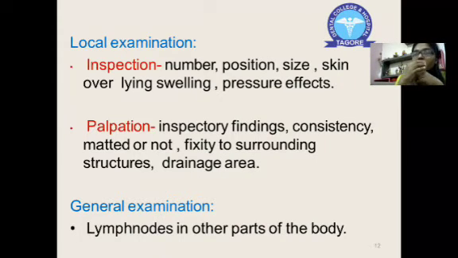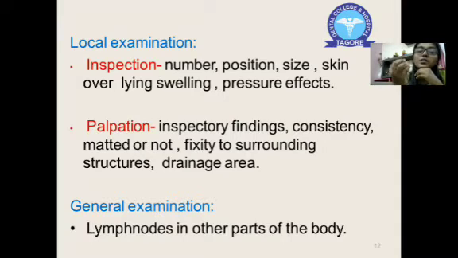So this is all about the history part, and then moving on to the examination of the lymph nodes. It is broadly categorized into two subheadings: inspection and palpation. In the inspection, we have to look for the number of lymph nodes affected, whether a single node, multiple nodes, or a group.